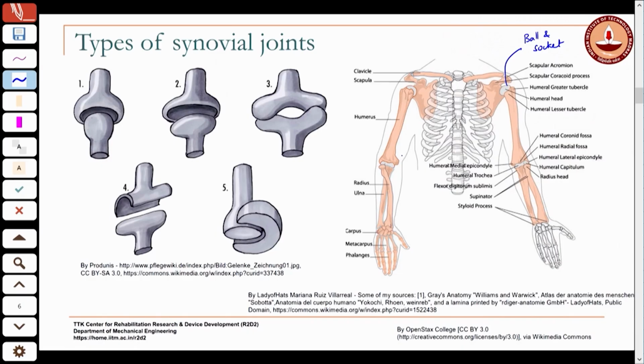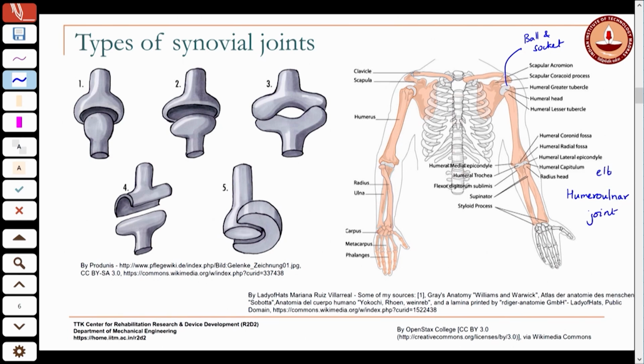At the elbow you have 2 bones meeting the humerus: the radius and ulna meet the humerus, and the hinge is formed by the ulna and the humerus. So, it is the humero-ulnar joint.